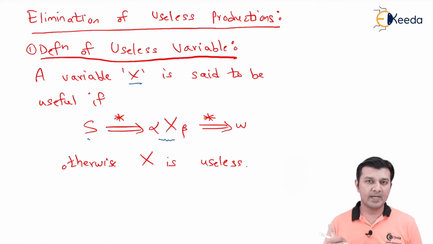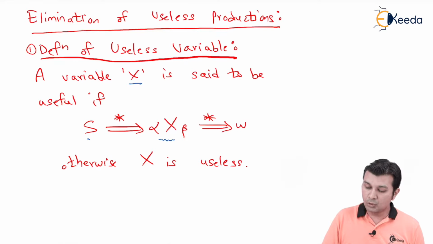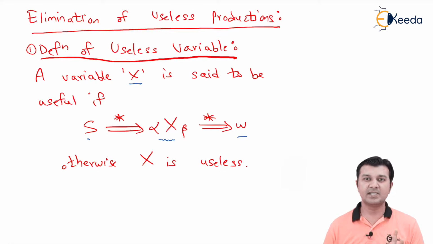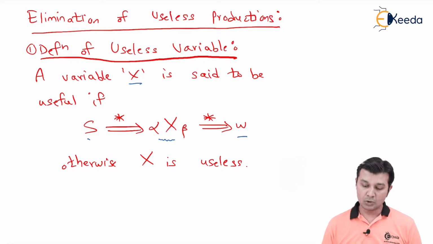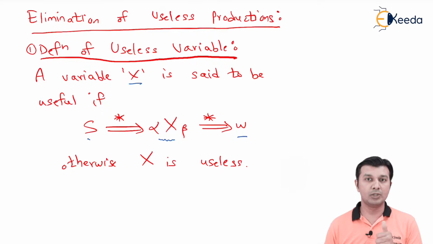So you start from s, use whatever production rules you have, but you should at the end be capable of deriving at least a single sentence w. Right? So if your variable x is capable of deriving at least one sentence, then I say it is going to be useful, else it is going to be a useless variable. Fine. So having understood this definition, let's go on to the next definition.